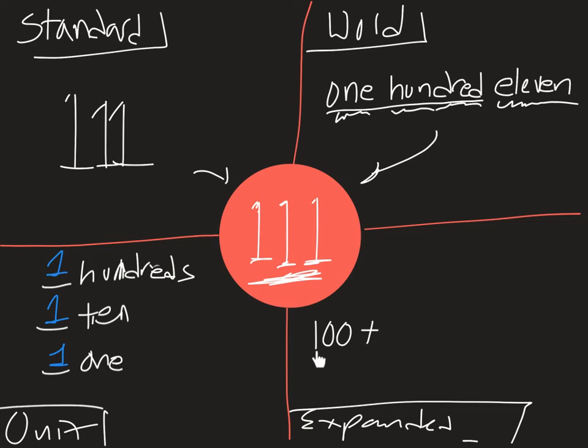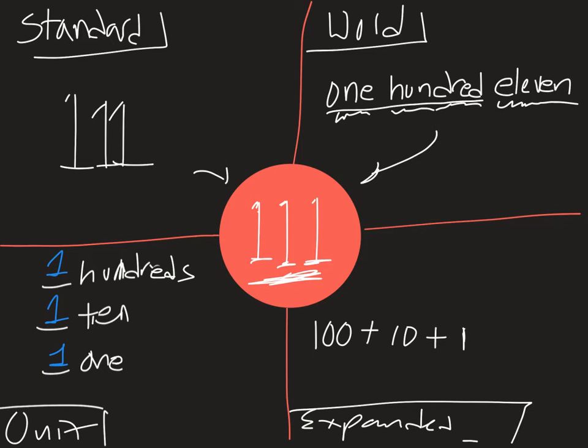So we start with 100 plus, let's look at the next place. There's a 1 in the tens place, so it's a 10. And are we done yet? No, right. We have one place value left, so we have to make sure we add in that last place value. And that last value is worth 1.